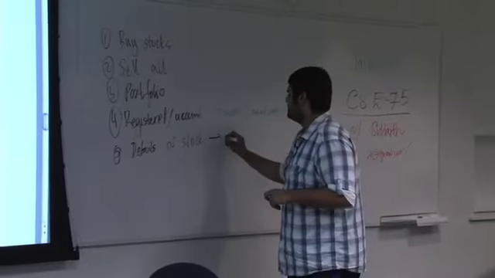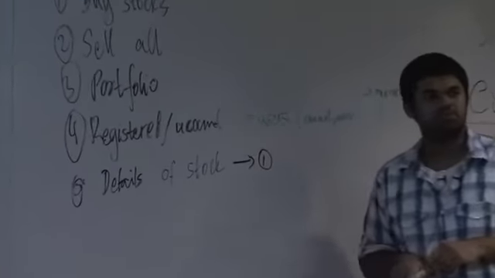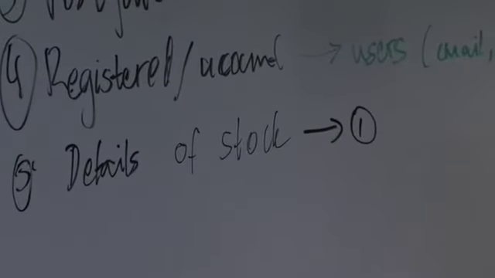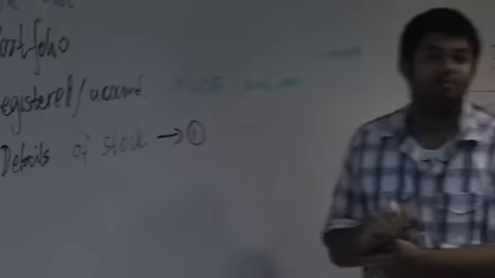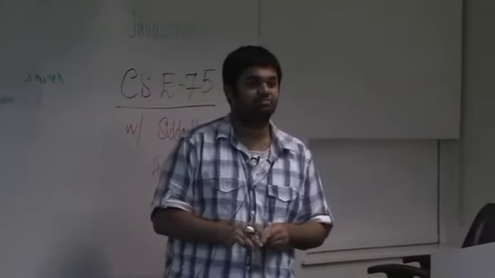Okay, so details of stock. What do we need here? The last trade seemed to be the only relevant thing. From the Yahoo perspective, we need to be able to get to the price of the stock. Sure. So you need to be able to get to the price of the stock, which means you need the symbol. Right. So you need first a form, because you are not specifying the symbol beforehand.